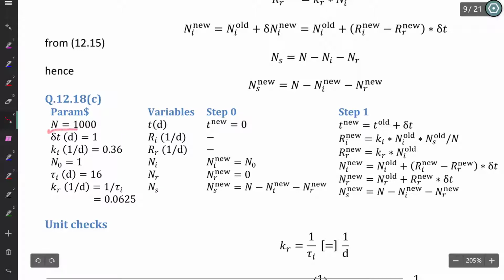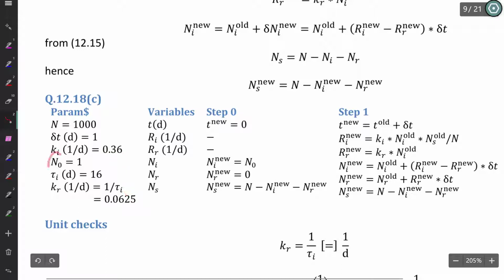The things that we have, N equals 1,000, that's our population, 1,000 people. Delta t, the time step, has units of days. The infection rate constant has units of per day, and its value is 0.36, just the same as before. Oh, not the same as before, we actually added a bit to it to kind of account for this. We'll talk more about that later.